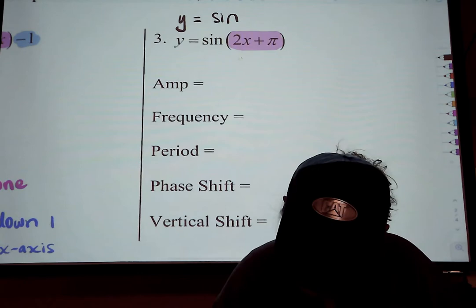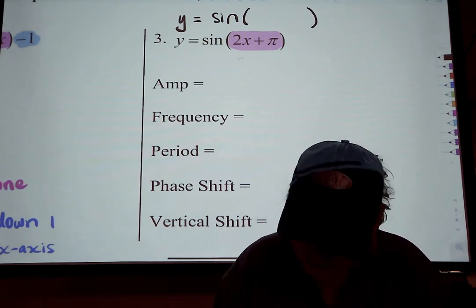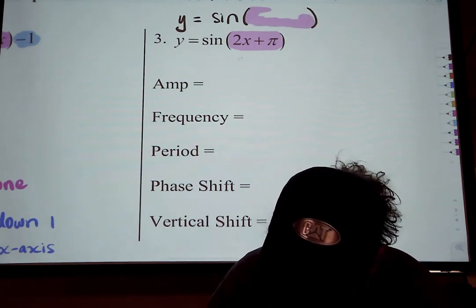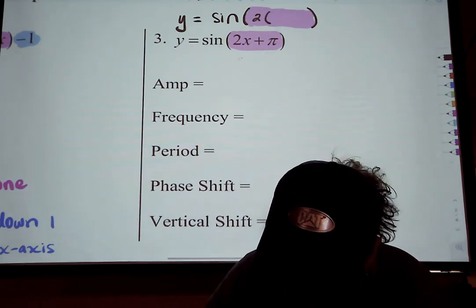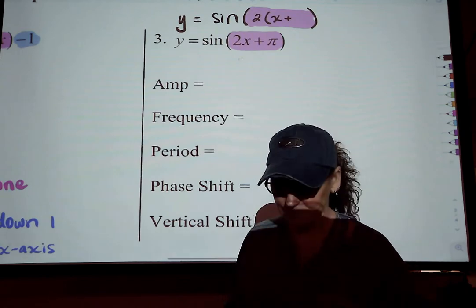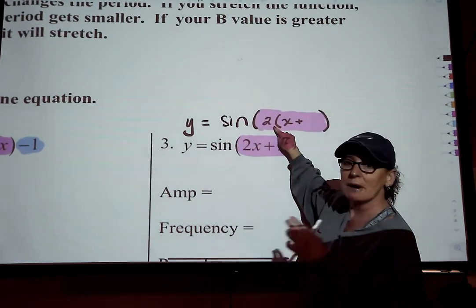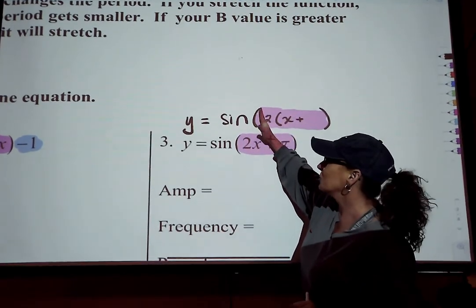So, everything is still going to be in parentheses behind sine. In fact, I'll still go ahead and make everything in my parentheses pink. But now I need to pull the 2 off of the x. So I pull the 2 off of the x and I create my own little set of parentheses, right? So I divided the 2 off of the x.